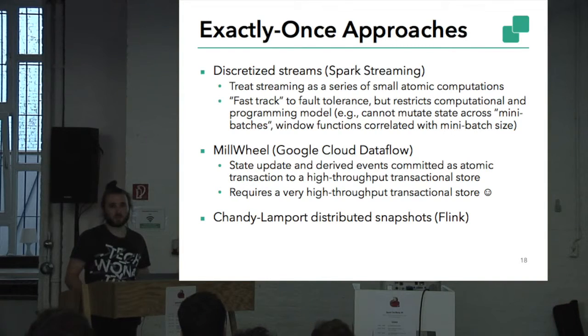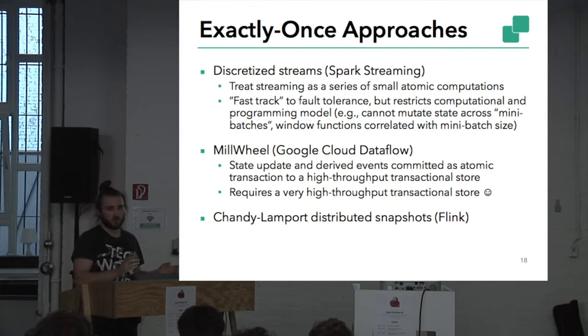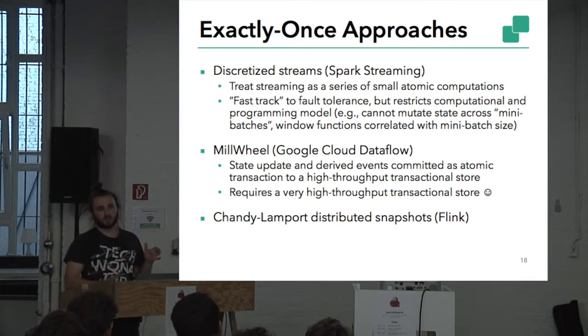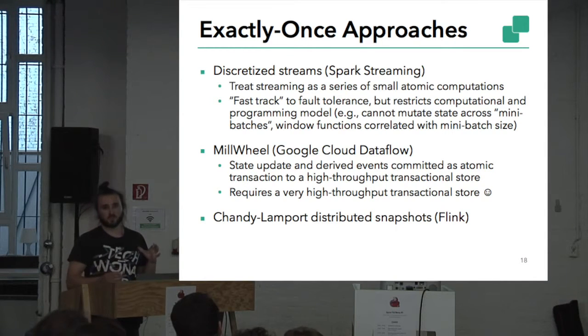So one is discretized streams or mini batches. So the idea here is that your system receives the input elements, puts them in a buffer, and when the buffer is full, or when some other criterion triggers, then you start basically a batch job and process this buffer. And when the batch job finishes, then you have the final result. Everything is good. When the batch job fails, you just completely restart the batch job and throw away the earlier results.